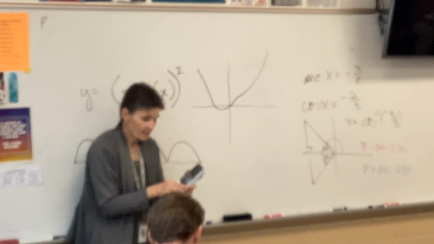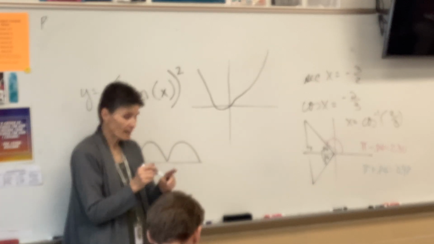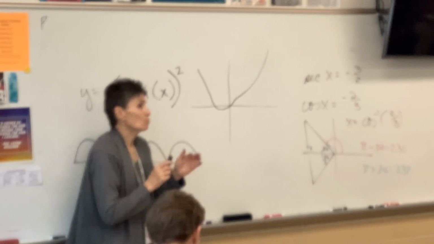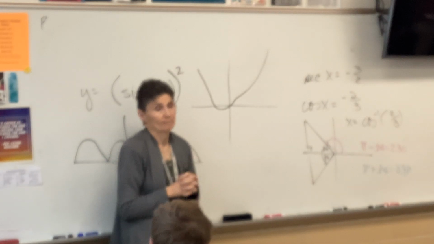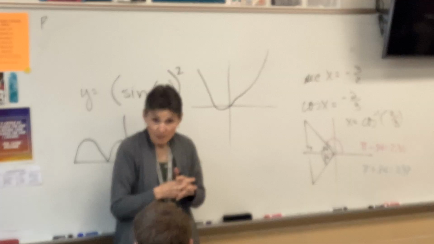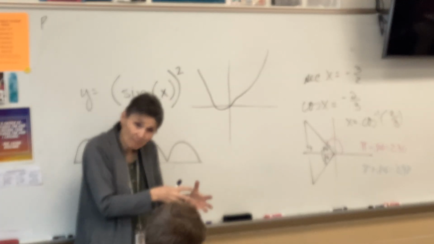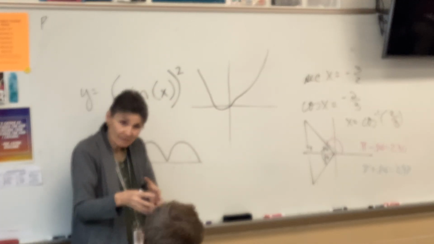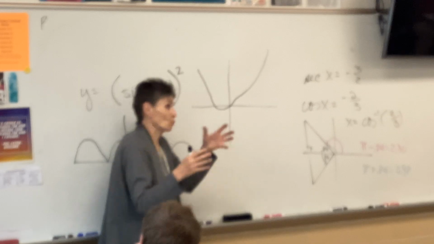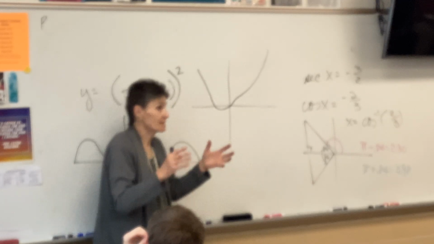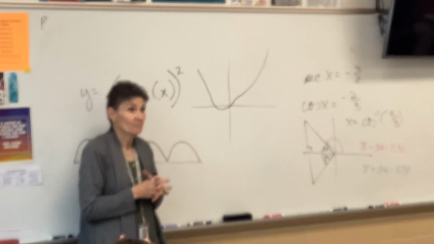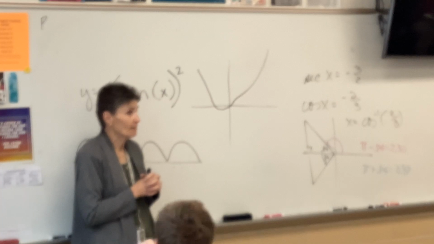Yeah. Now, I am not surprised by that shape, because what is x squared? A parabola. So I'm combining a parabola with a sine, and so I kind of get a squiggly parabola, because a sine is a squiggly line, so it's kind of a squiggly parabola.